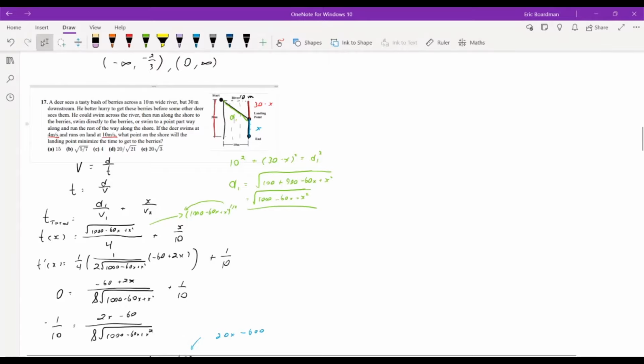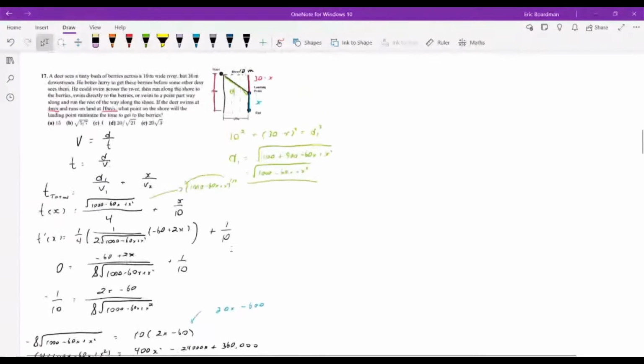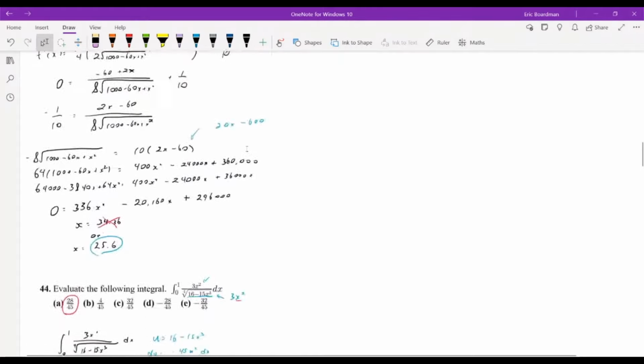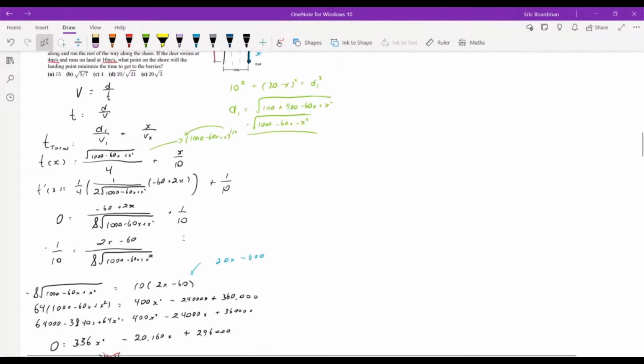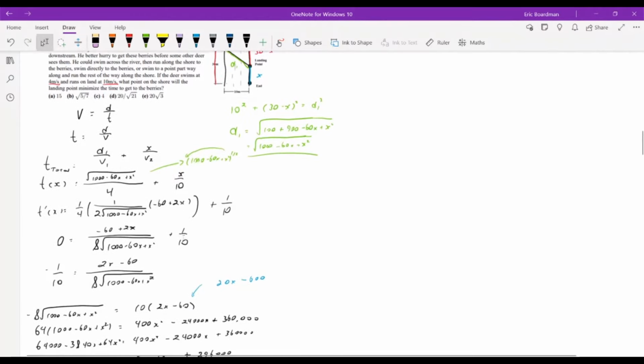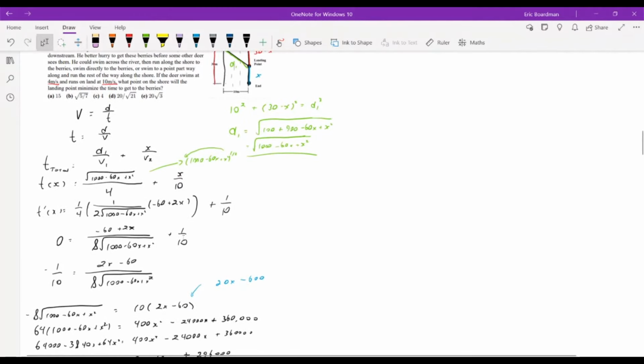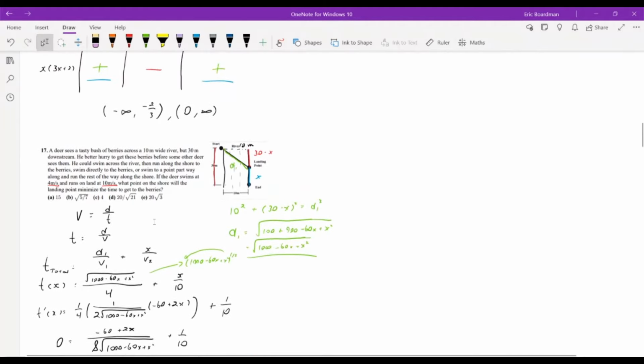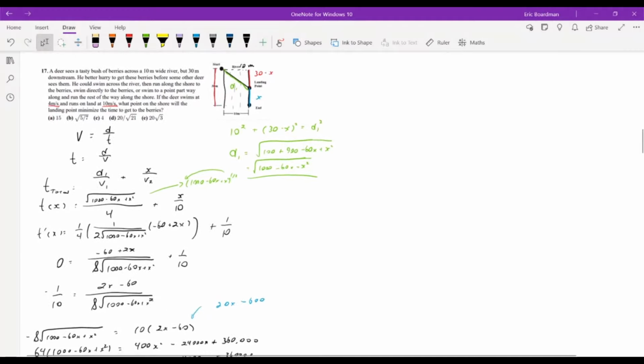I could have called this x, but this would just turn into 30 minus x. It doesn't matter which one we choose, just in the end, if I picked x here, x would give me this distance, whereas x gives me this distance with this method, but it seems like I might be wrong. I could check over this question again, just to see where I went wrong.